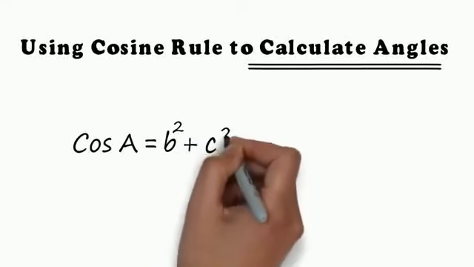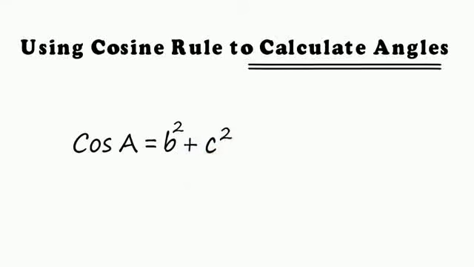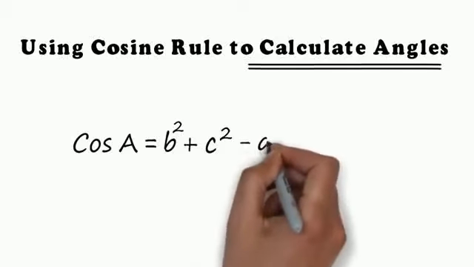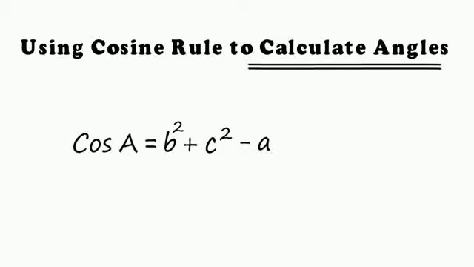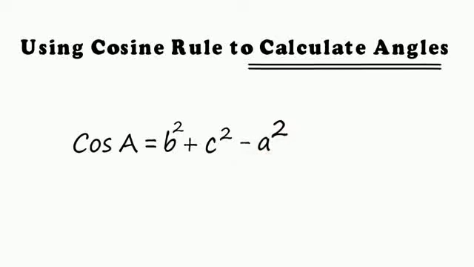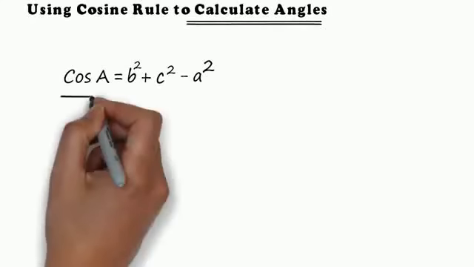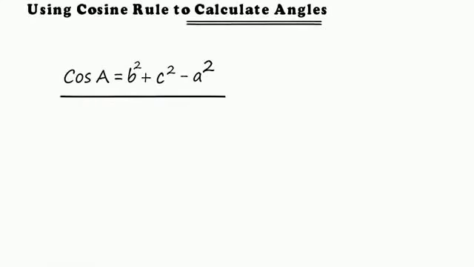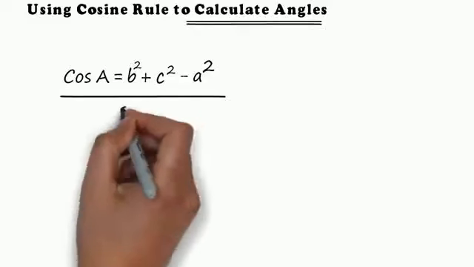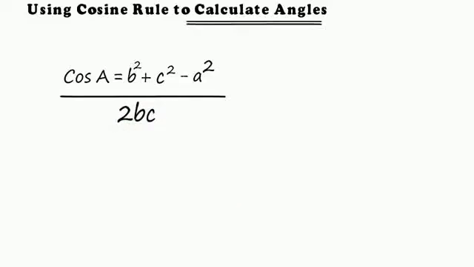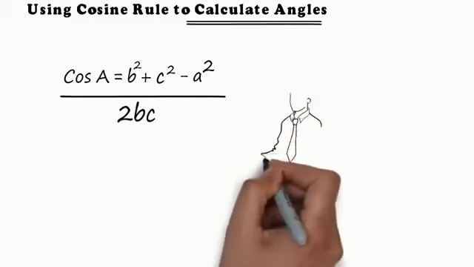And if we are now good with the V effect, cramming this formula is a piece of cake. So to look for cos A, it equals b squared plus c squared, that V effect, minus a squared, the one you'll be looking at, over 2bc.